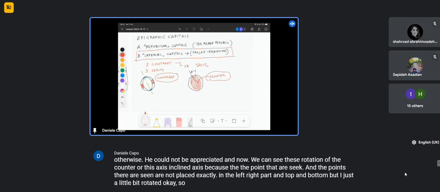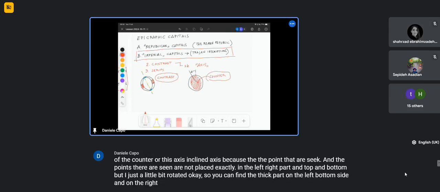Okay, so you can find the thickest part on the left bottom side and on the right upper part. And you can see the same thing for the thinnest part.